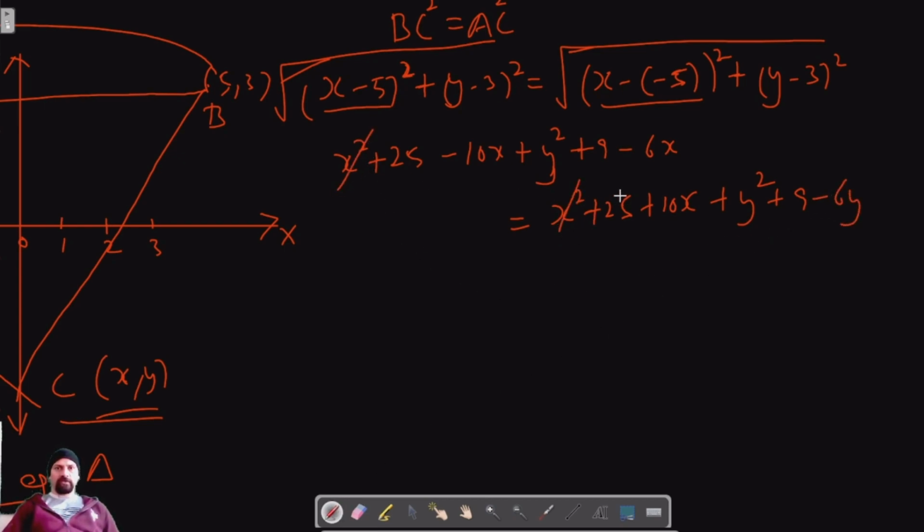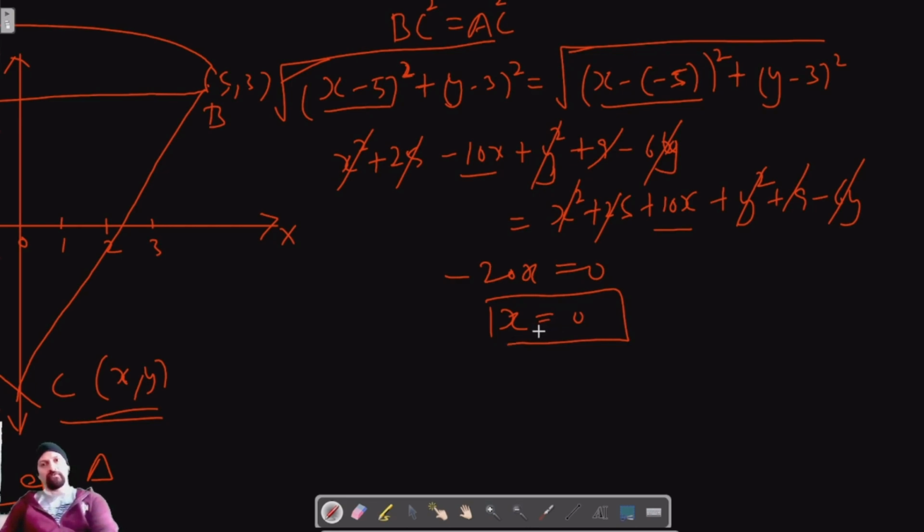So x squared, 25, y square and the 6y terms get cancelled, and 9 and 9 get cancelled, so minus 20x is equal to 0. This gives us x is equal to 0.